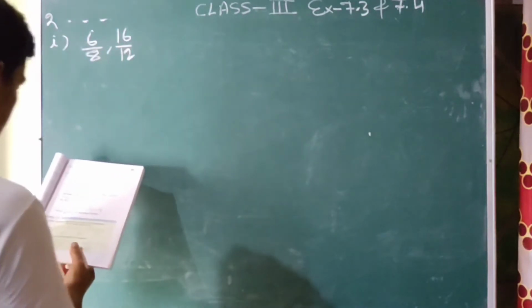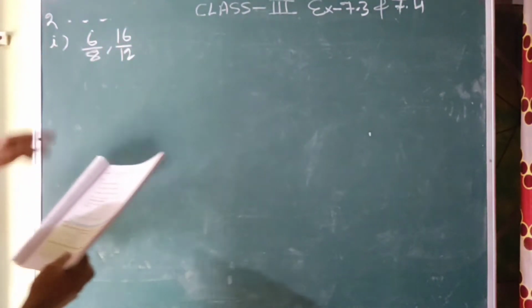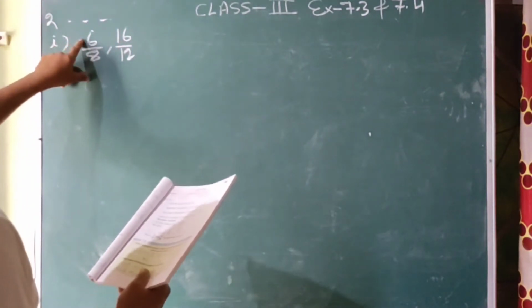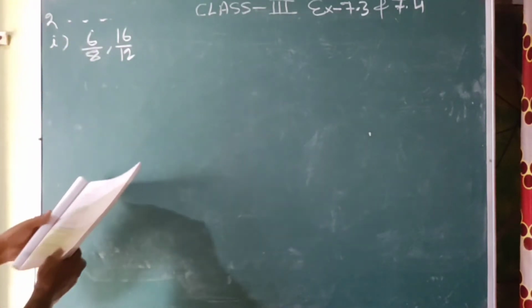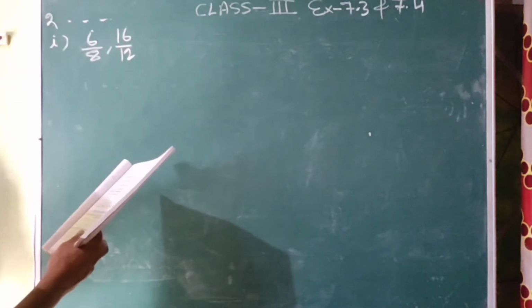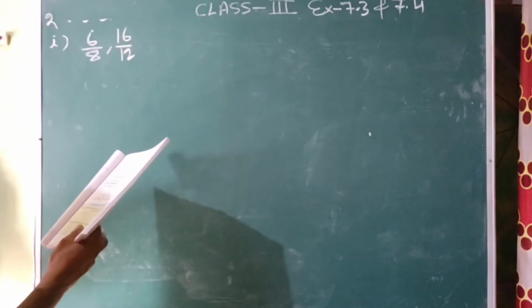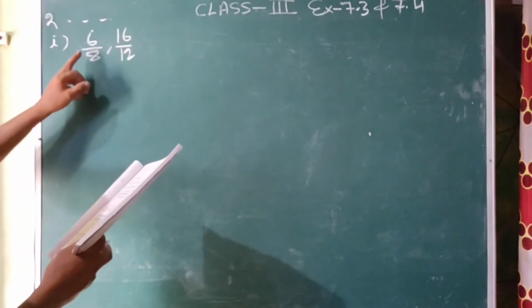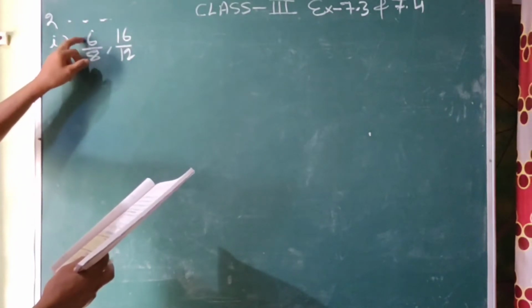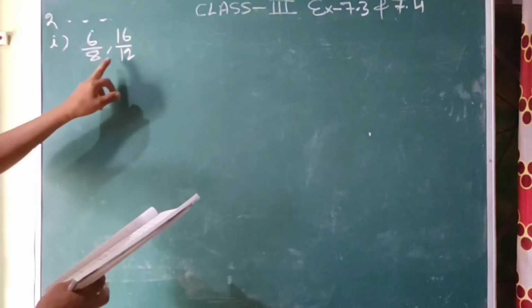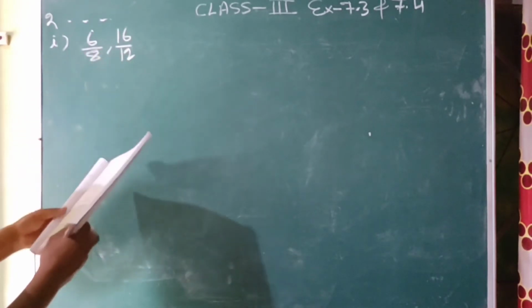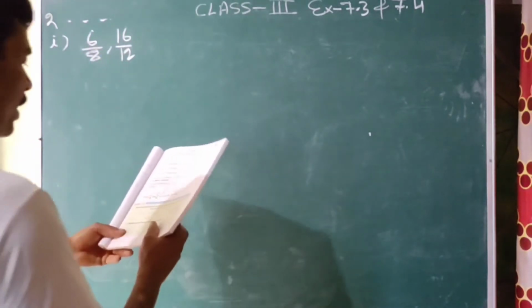Here we are looking at whether, if we cancel or reduce the fractions, our answer will come the same. In the table of 6, 16 is not coming, and in the table of 8, 12 is also not coming. So that is not equivalent.